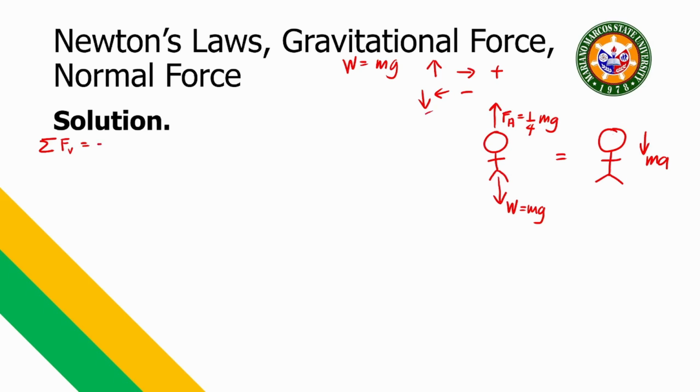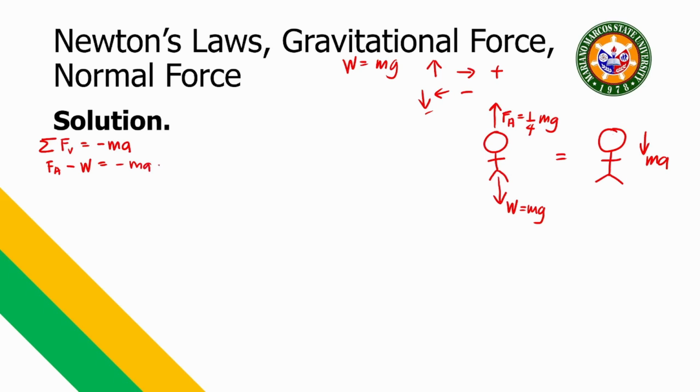So the summation of forces in the vertical axis equals negative MA. Here we have FA, which is positive because it is upwards, and W, which is downwards, so negative. This is equal to negative mass times acceleration.